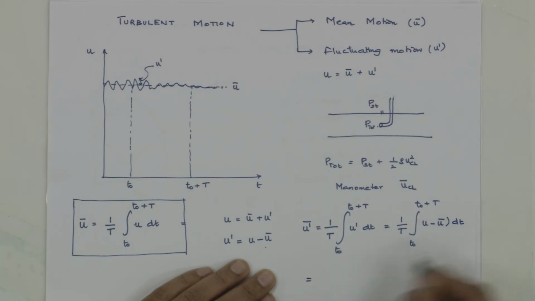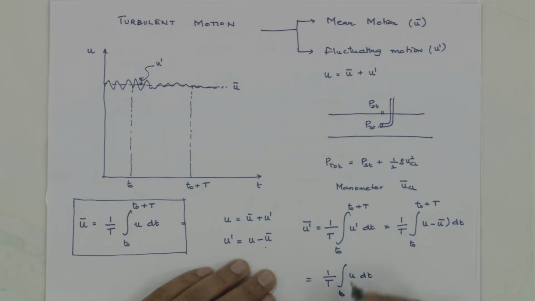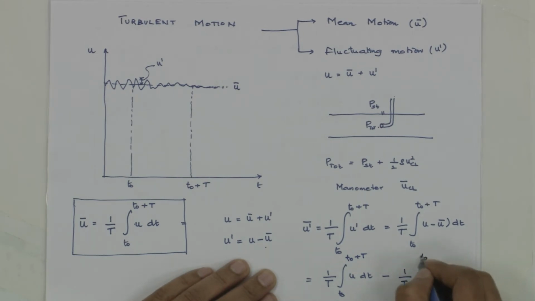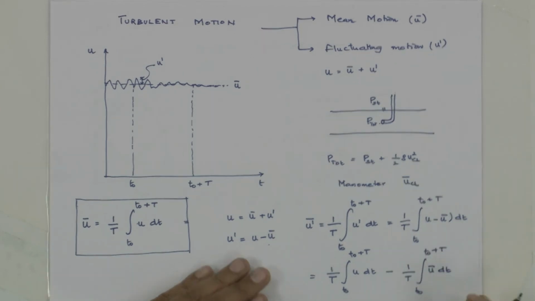So if I take out 1 by T integral of U dt from T naught to T naught plus T, minus 1 by T integral from T naught to T naught plus T of U bar dt. So now what will I get?